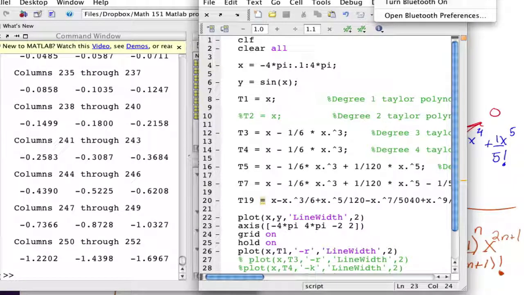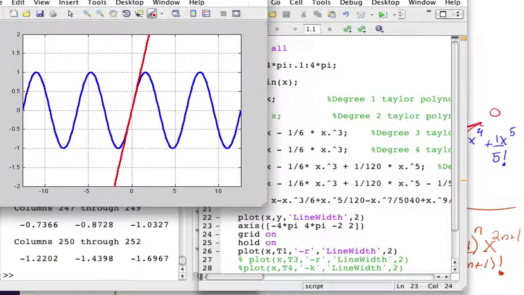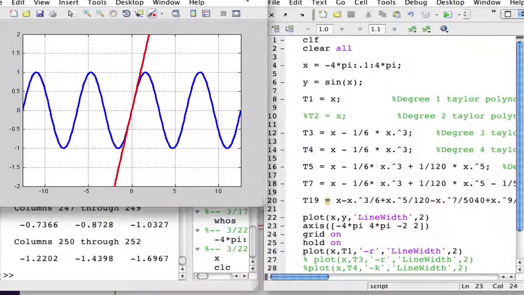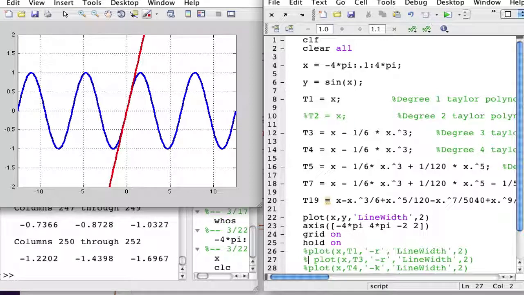Why did it do that? Anyways, I don't know why. All right, so there's my plot, and that's the line y equals x, right? Yes? Okay.